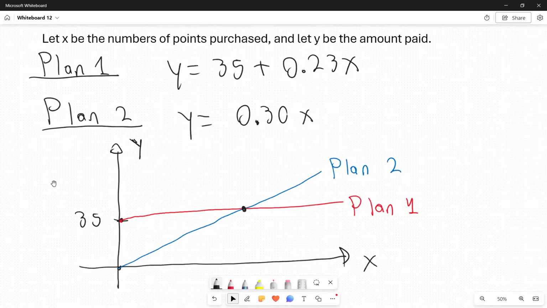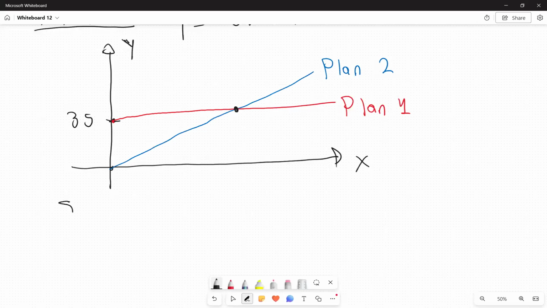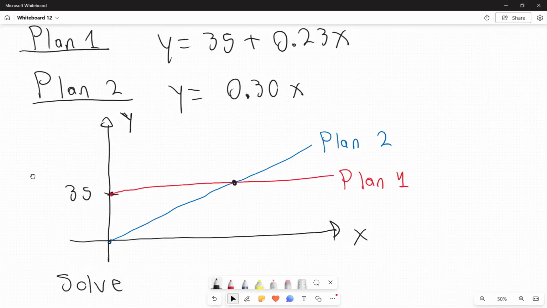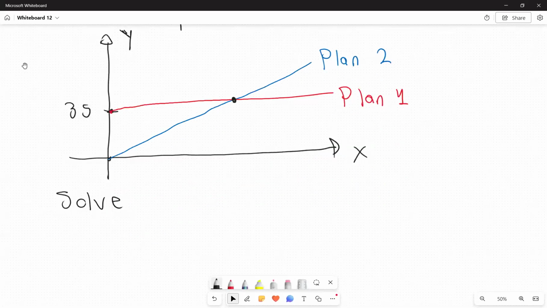So to solve that, we're going to make the y's equal to each other. So solve 0.30x equals 0.23x plus 35.